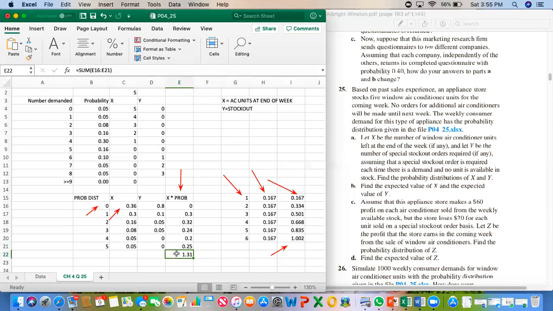Now I'm going to show you how you can conclude that a little bit. Looking at your top chart, what is the most probable outcome of the number of units at the end of the week? Which column has the number of units at the end of the week? The X column. What is the most likely event?